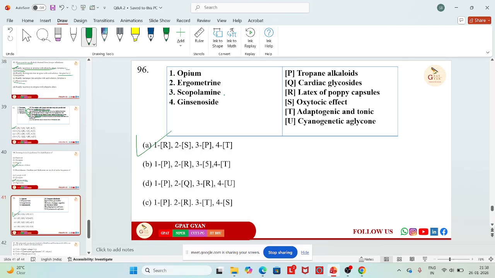I forgot, anyway. Scopolamine is a tropane alkaloid. Ginsengoside is adaptogenic and tonic, like Revital. Once upon a time there was an advertisement of Revital, very often when ads were coming between the sports channel.